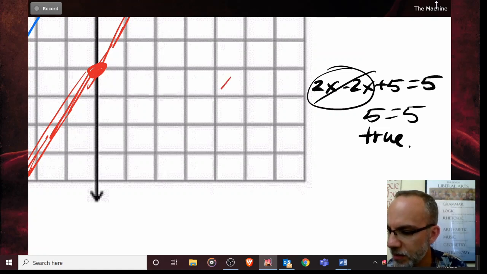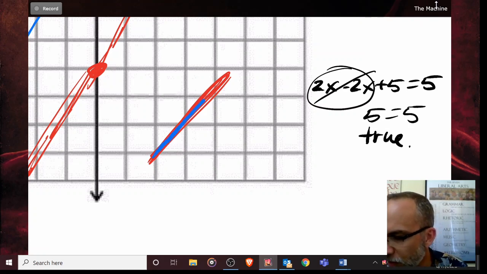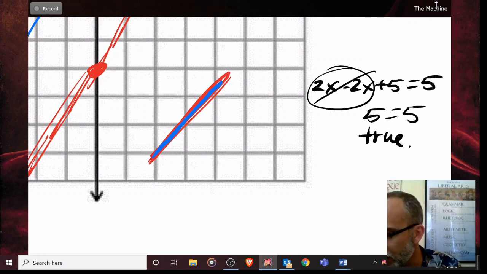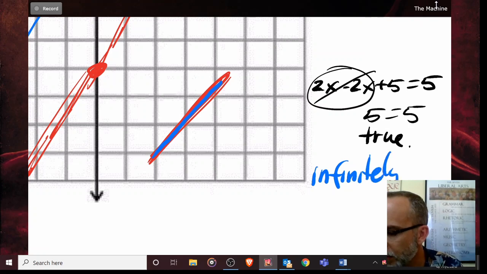One of the lines would be the red one, and then another line would be then a blue one. It's the same thing, and you would then say you have an infinitely many solutions.